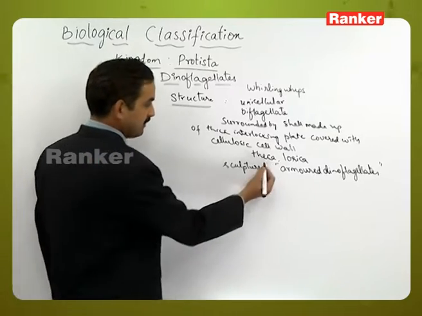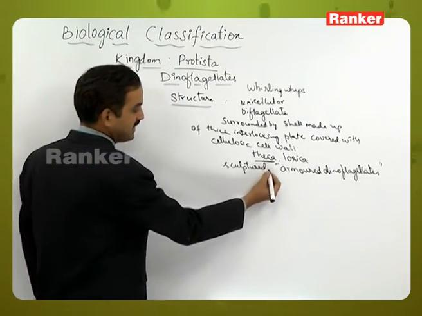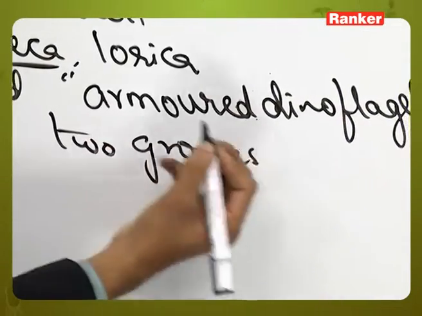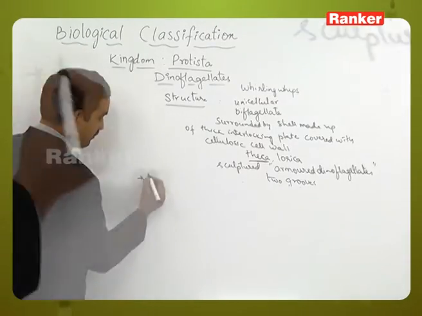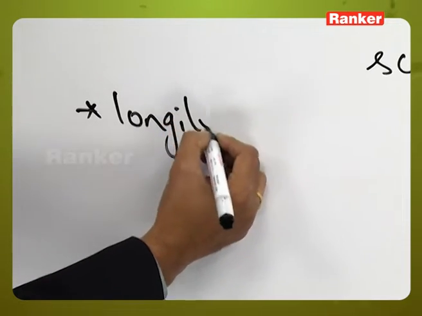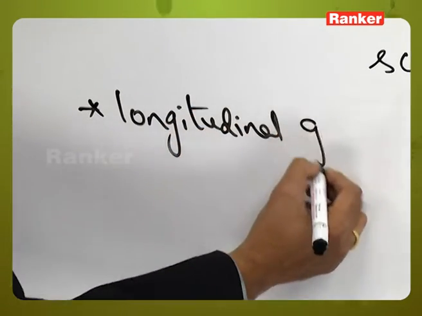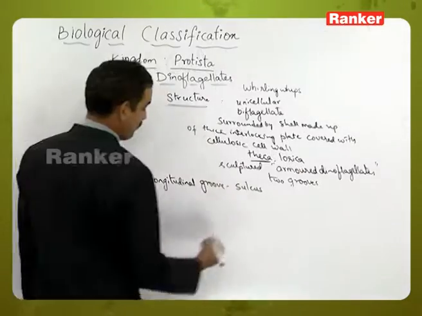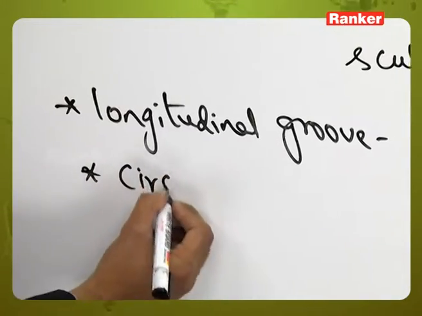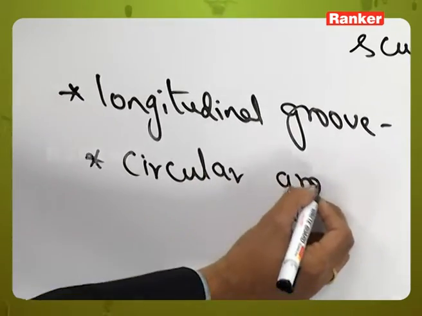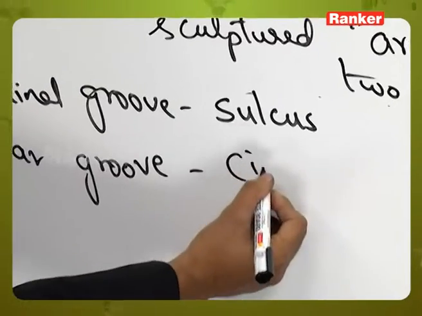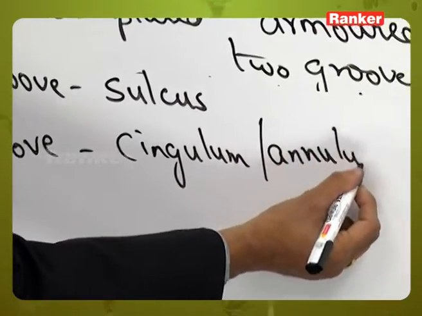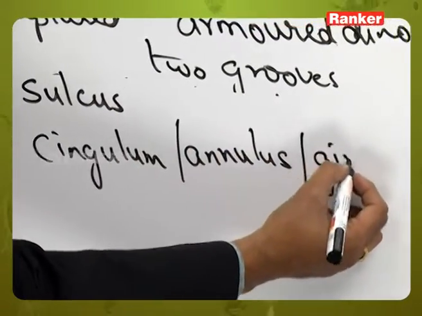Then the theca, the wall which we are calling, contains two grooves. One is the longitudinal groove, called the sulcus, whereas the second one is a circular groove, called the cingulum or annulus or girdle.